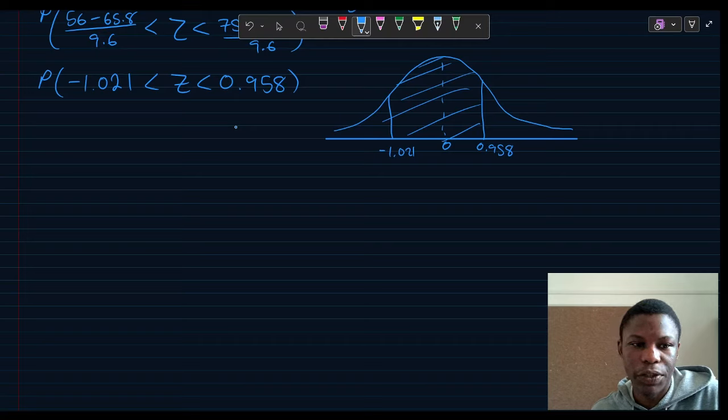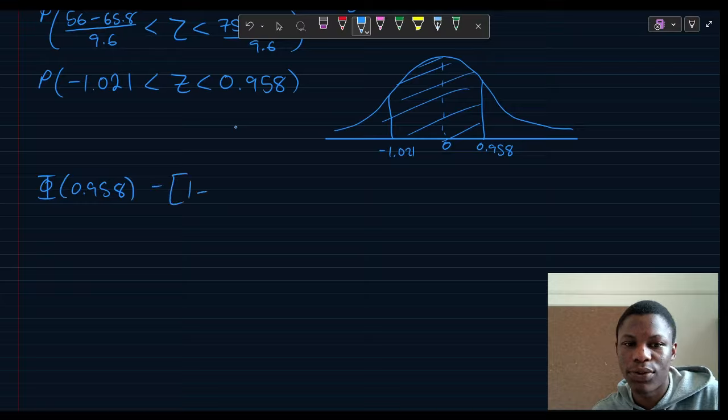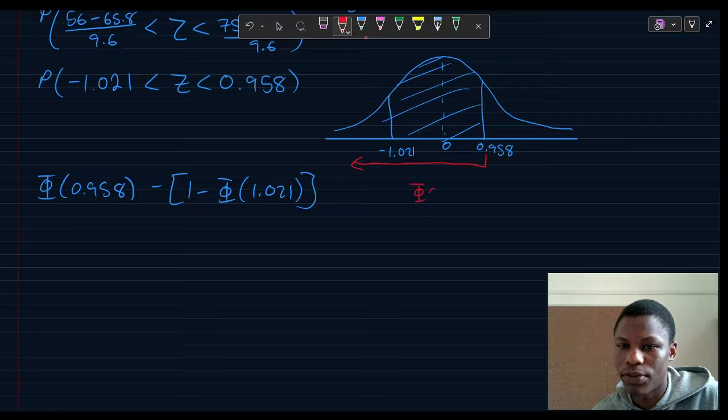So here, the formula you get will be phi of 0.958 minus 1 minus phi of 1.021. The idea is that we're saying the area to the left of 0.958, which is phi of 0.958, minus the area to the left of negative 1.021.